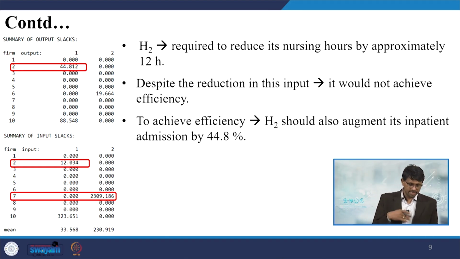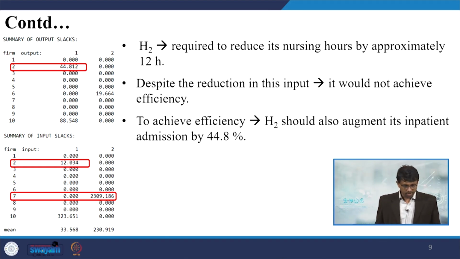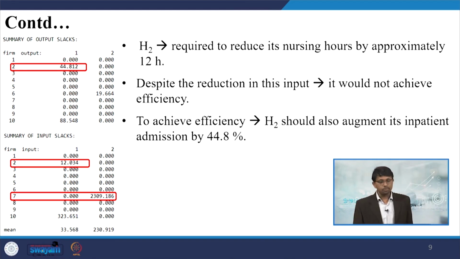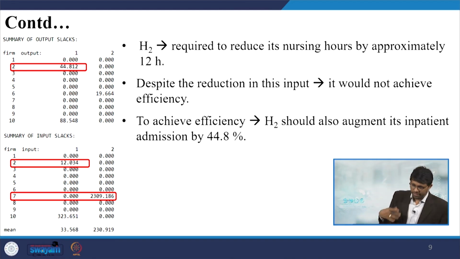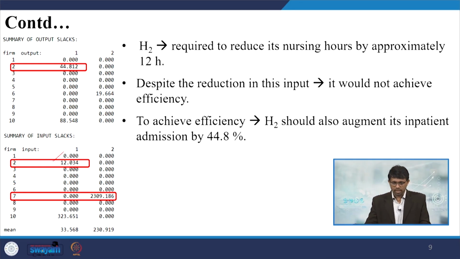In the top table you can see the output slacks and the bottom one is the input slacks. So, through the inputs we can optimize the outputs. Through the inputs you can see the changes, the 12 which we have already mentioned. Approximately 12 hours is required to reach the efficiency level for firm 2.